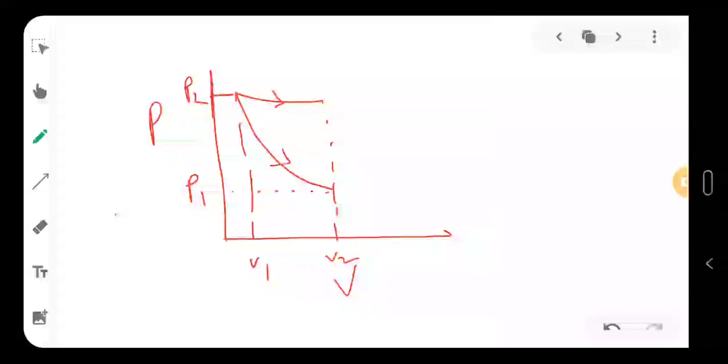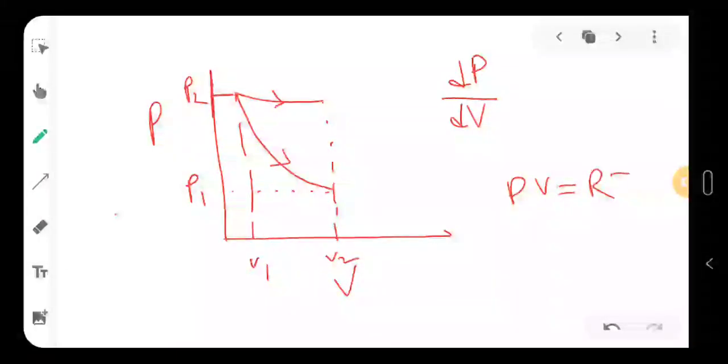Because the slope here will be dP by dV, right? So we have to find dP by dV in both cases. We know that in the case of an isothermal process, PV equals RT.